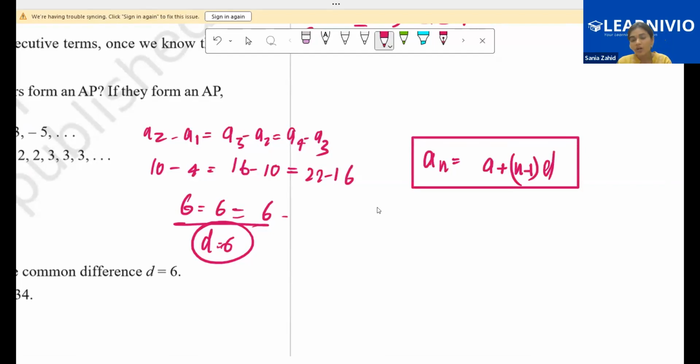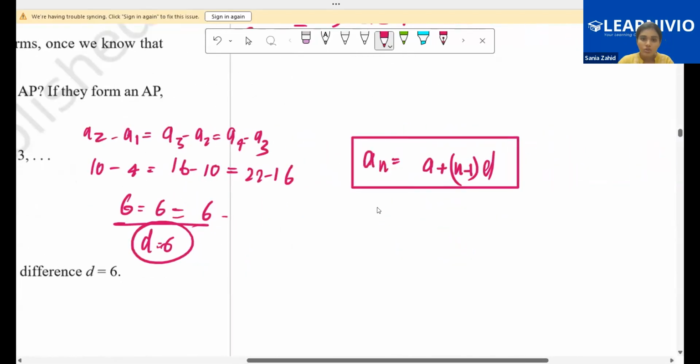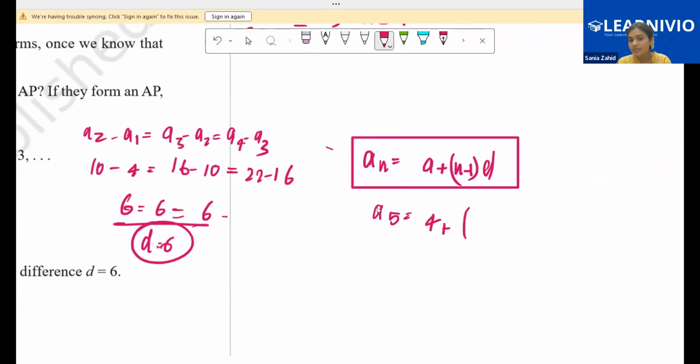So what is A now? Now, what term do I have to find? I have to first find the fifth term. So A5 is equal to A1, A means A1. So A1 is how much? 4 plus. Fifth term means n minus 1 becomes 4 and common difference is 6. So that becomes 4 plus 24 and your fifth term is 28.